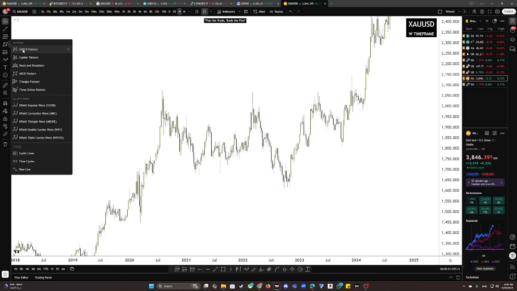The number one tool is the XABCD pattern, and you use it for W's and M's only.